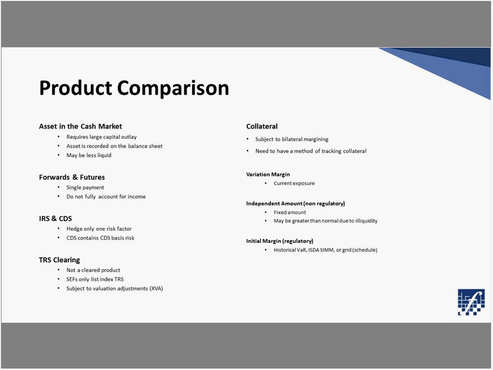As far as clearing goes, TRS is not a cleared product, although you may be able to find index TRS on swap execution facilities. Being a non-cleared product, it's probably going to be subject to valuation adjustments or XVA.